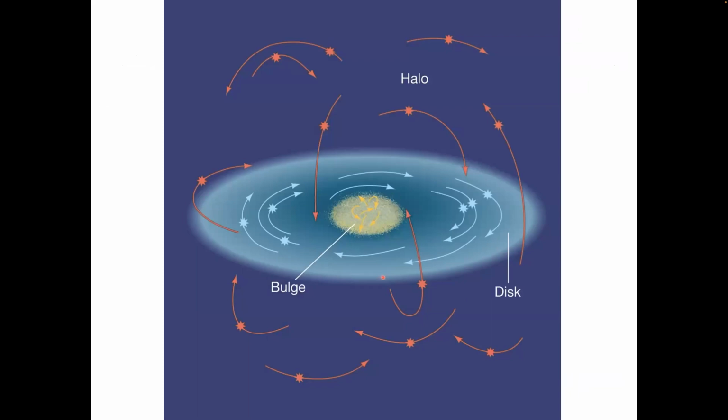This is just a schematic picture of what I have explained. On the disk, the stars are nicely ordered and move in one pattern in one direction, but for the bulge and the halo, the stars are moving in every direction, all over the place.